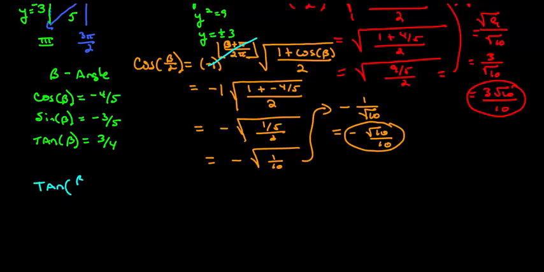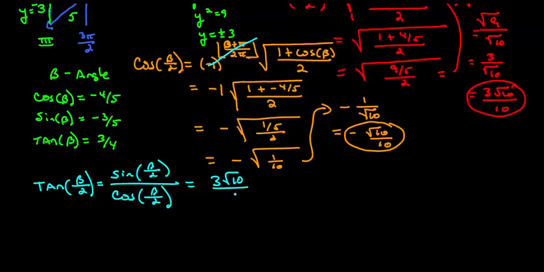The tangent of beta divided by 2, the tangent of half the angle, should be equal to the sine of half that angle divided by the cosine of half that angle. And we know the sine is 3 root 10 over 10, so we're going to divide that by negative root 10 over 10.